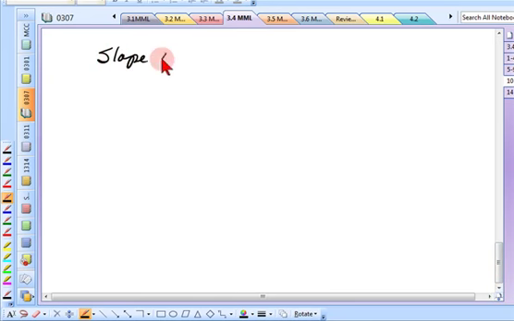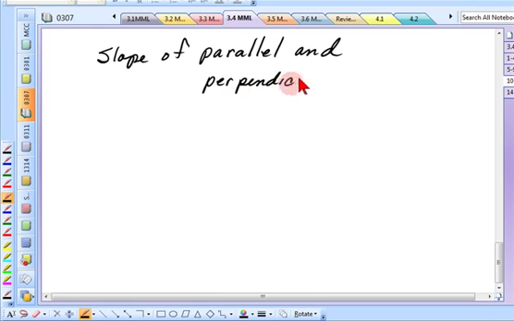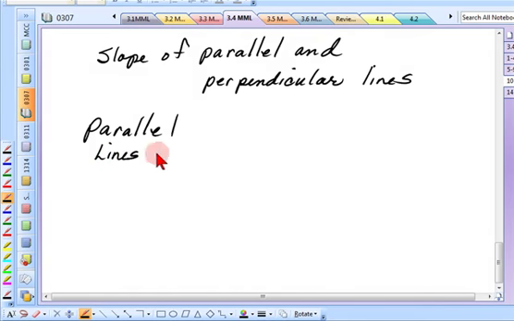Slope of parallel and perpendicular lines. All right, let's talk about parallel lines. Let me draw a little picture.